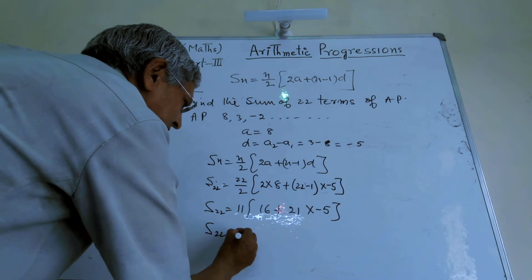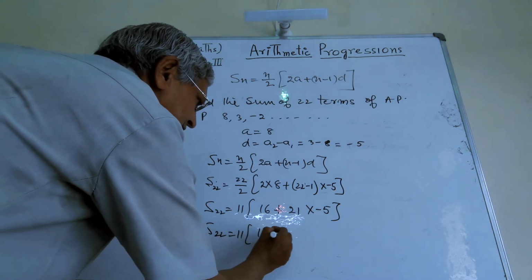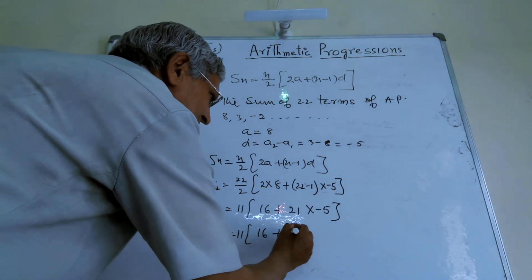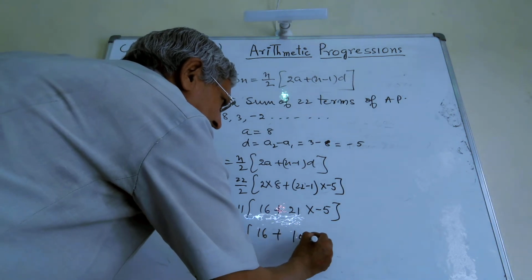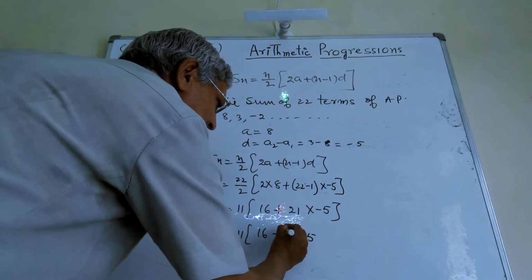S22 is equal to 11 times (16 plus 21 into minus 5, which is minus 105).